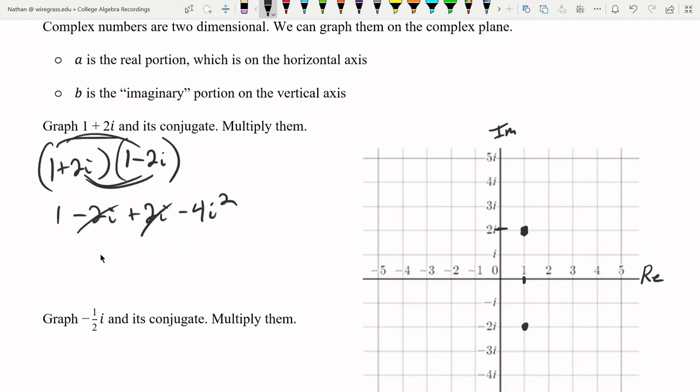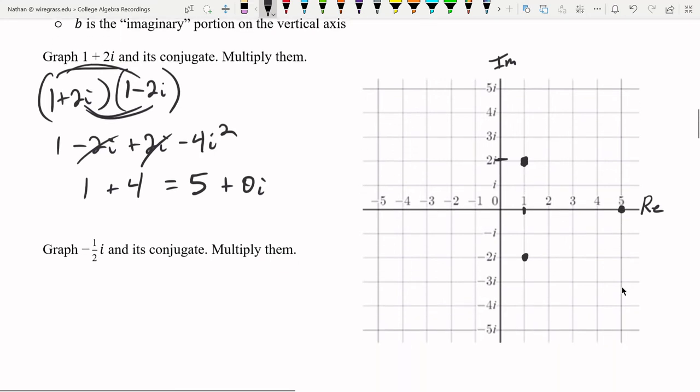Negative 1 times negative 4 is plus 4. So we get 5. And I can graph this actually on the real plane again. 5 is right here. It's 5 plus 0i, right? So these two numbers multiplied together graph to give you this number here.